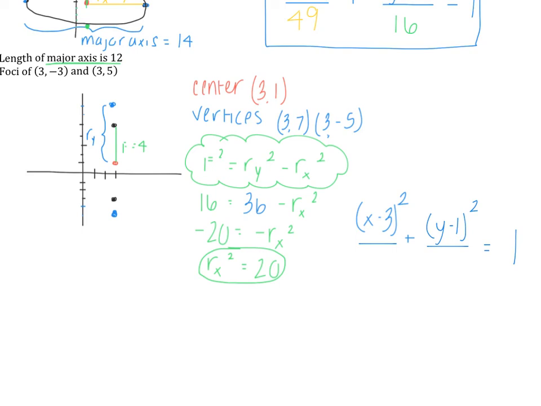How far do we go in the x direction? Or what is Rx squared? Well, we know that now is 20. We know that our Ry is 6, so 6 squared, 36. And just like that, we have our equation of our ellipse.